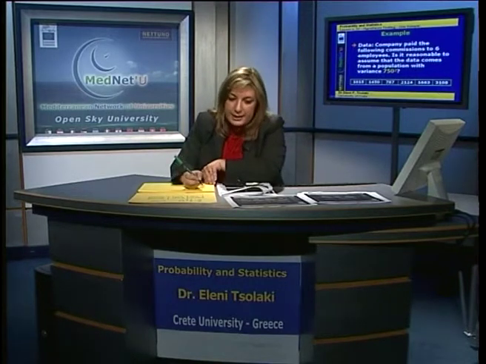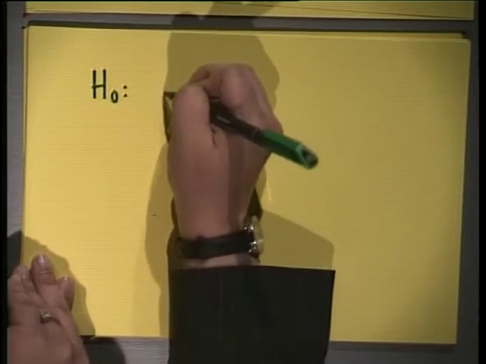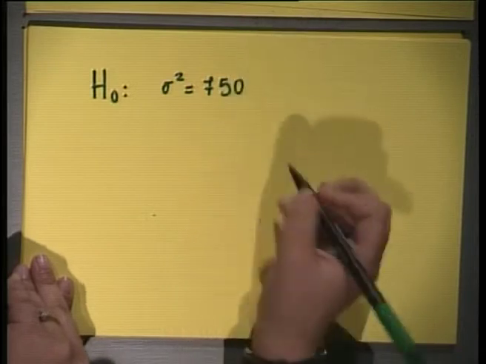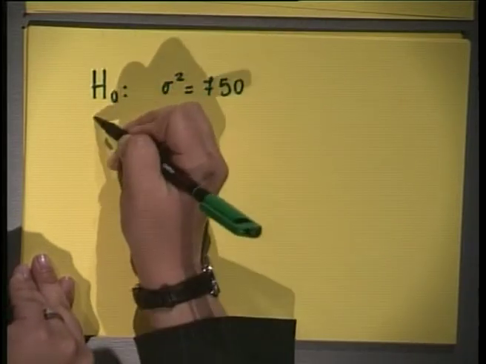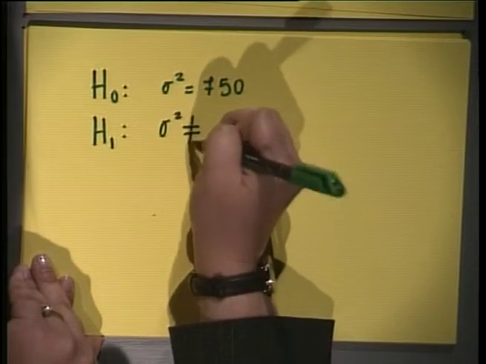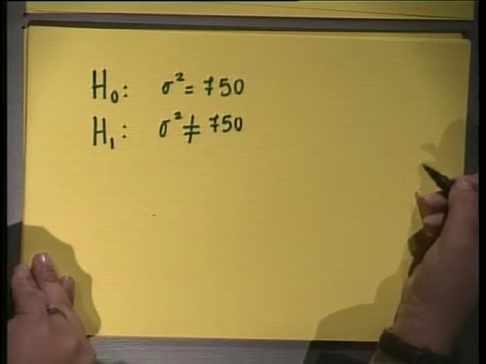What we have here is our null hypothesis, as we said before. 750 is the variance. Our alternative hypothesis will be that it is not equal. We are testing for not equal, a two-sided test.